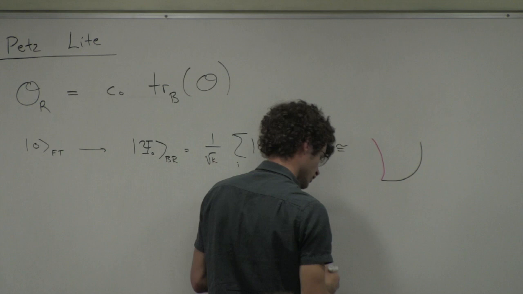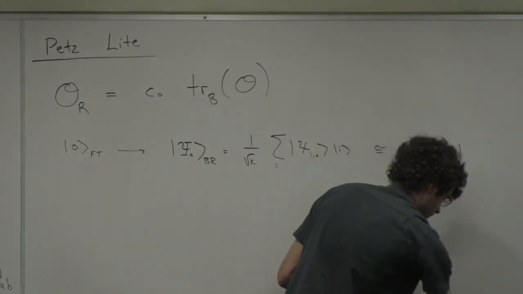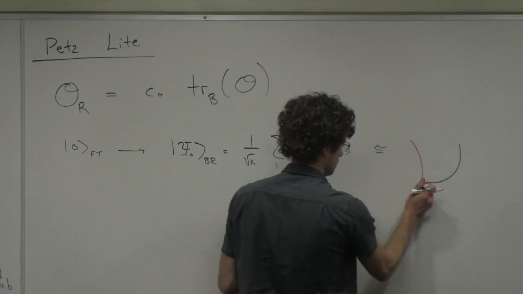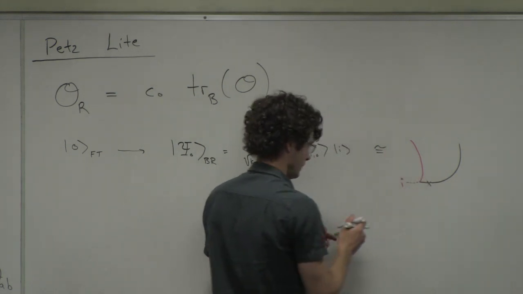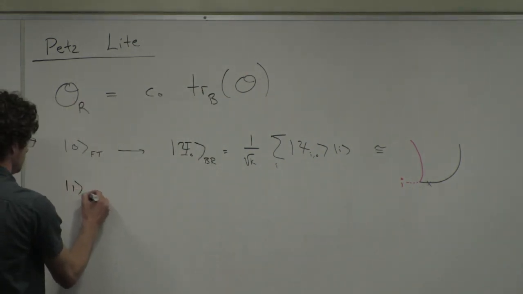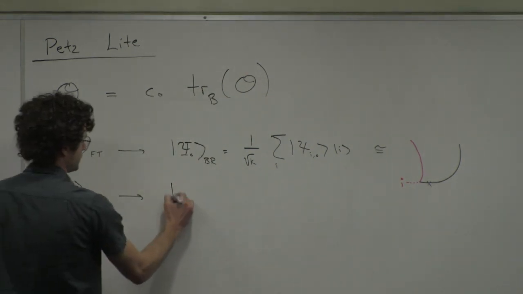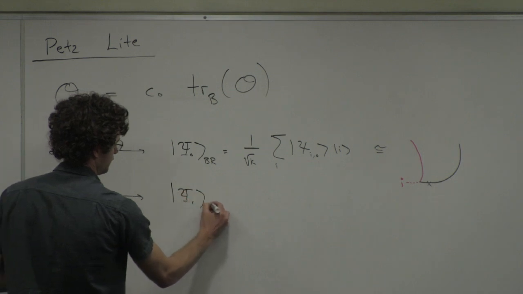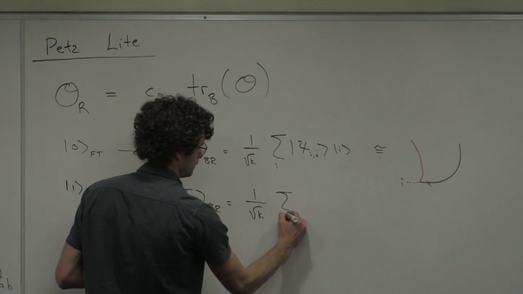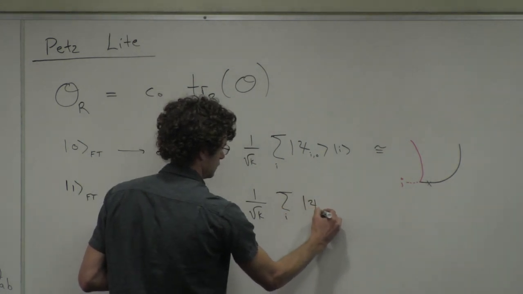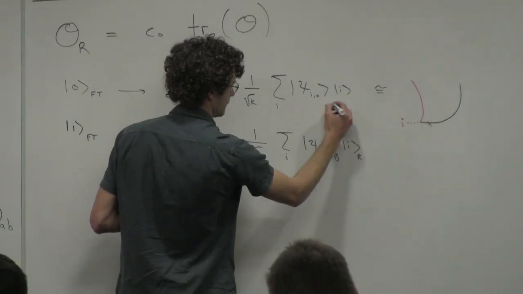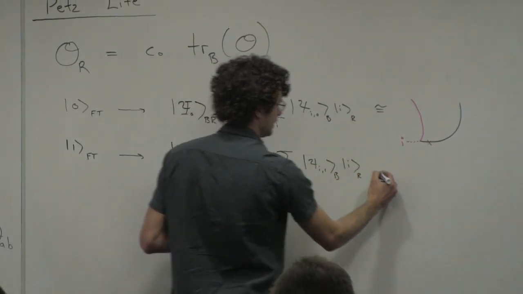This is a Euclidean drawing, and no bulk fields. The other state, 1 field theory, maps to psi 1 in BR. And it looks something like this.